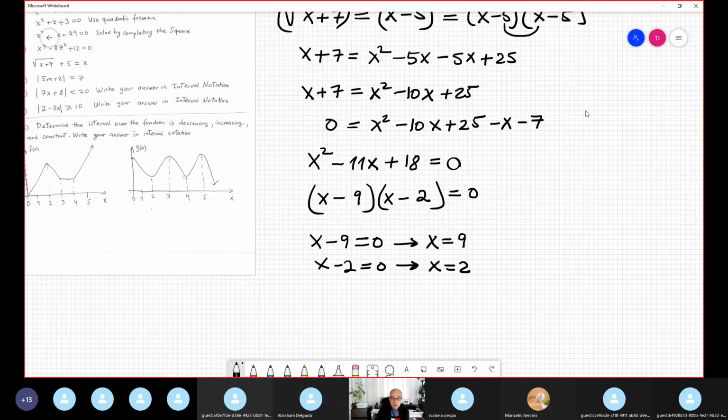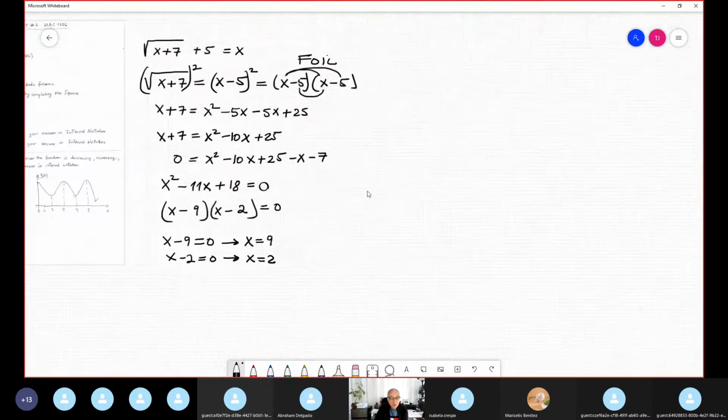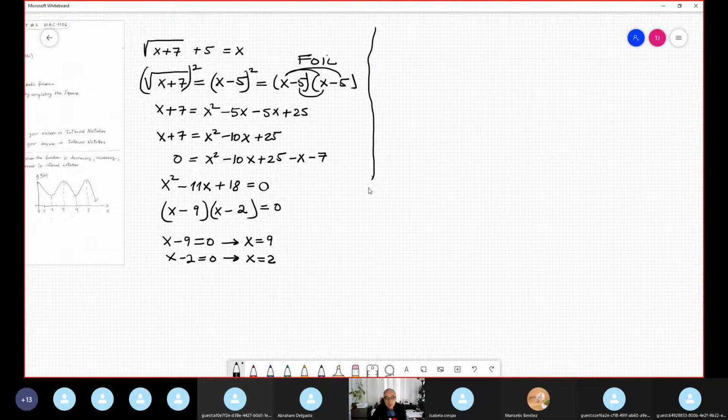However, you need to check it in the original, to see if both solutions work or don't work. Okay, so the checking part is super important. So you forgot the checking part, because it's mandatory in this radical equation. I check for 9. X equals 9.